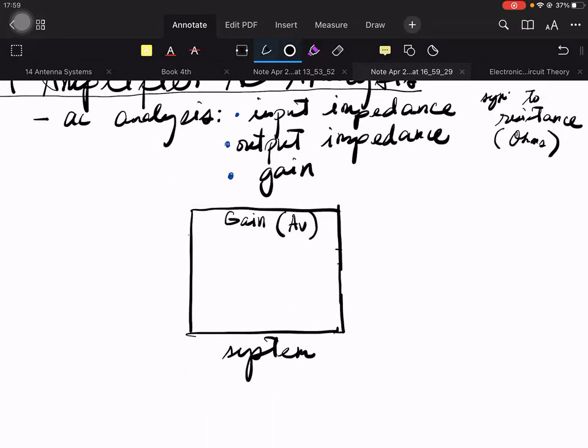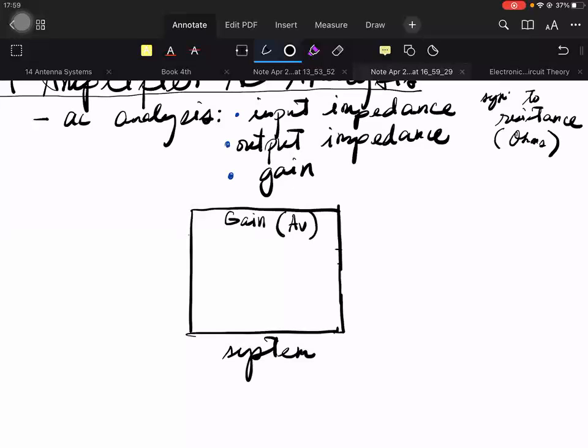Because it's synonymous with resistance, if another system or device would look into this system of ours, it will feel the impedance as if it's a resistor.